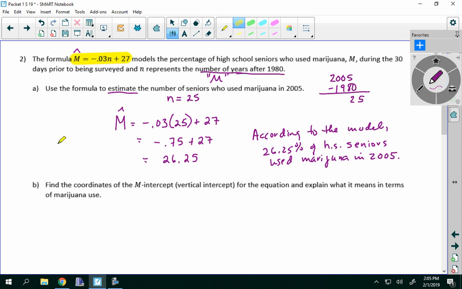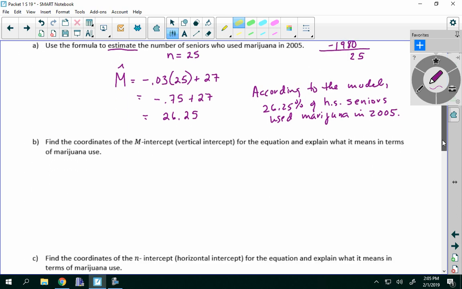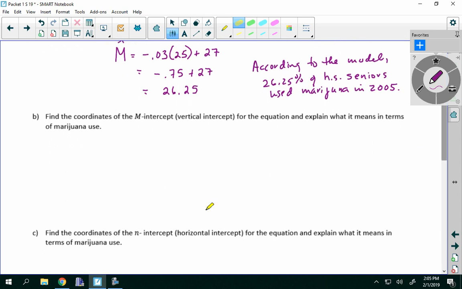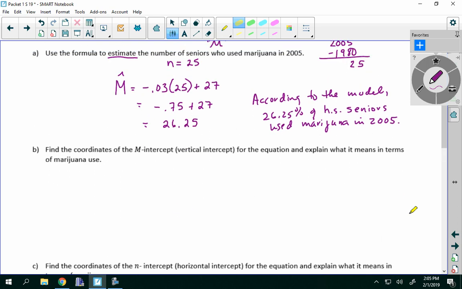Now the next two sections ask us to find the M-intercept and then the N-intercept. The M-intercept is our vertical intercept. So the vertical intercept would have our value for N be 0. So just to help me out here, I always do a little kind of graph on the side of my paper. And here I know that this is the N-axis and this is the M-axis. And my M-axis is going to tell me the percentage of high school seniors.